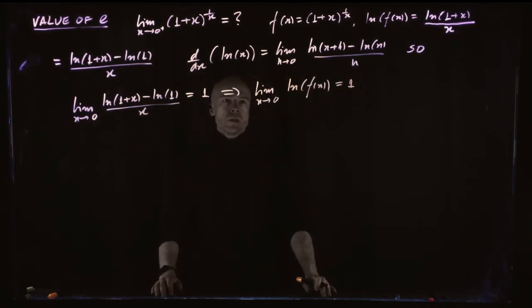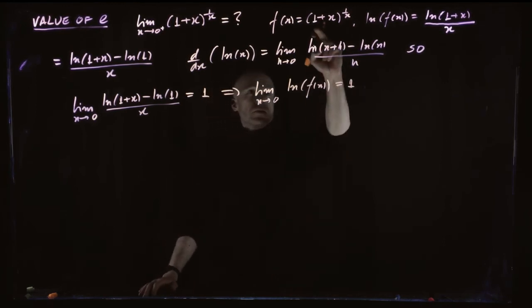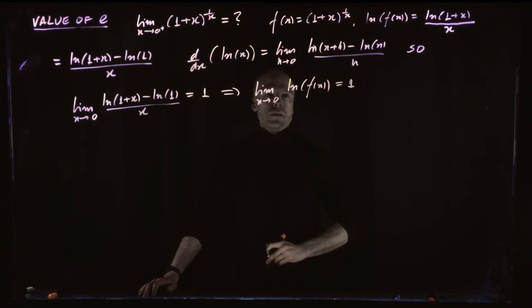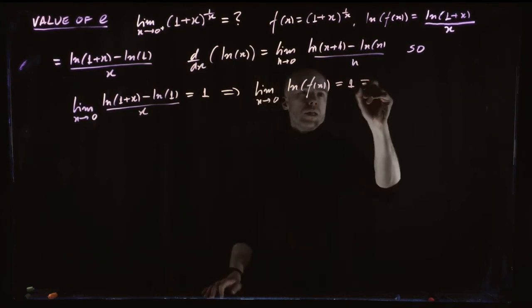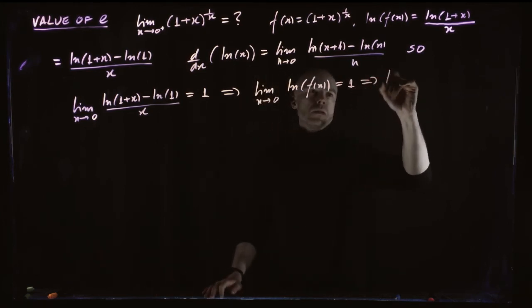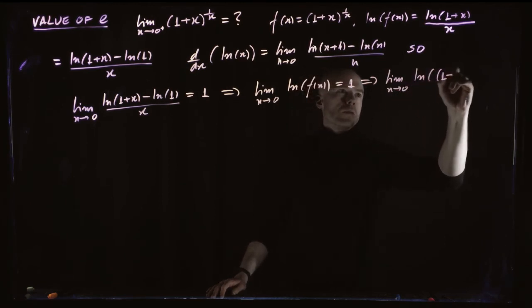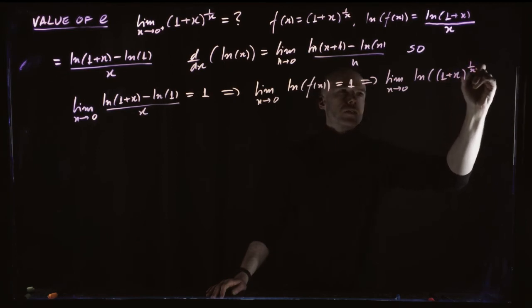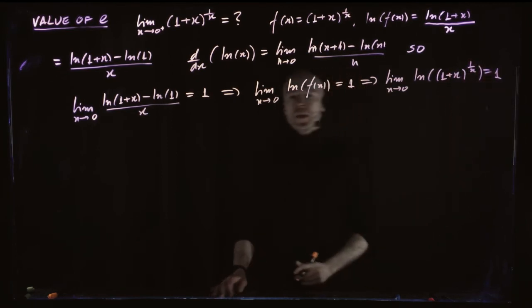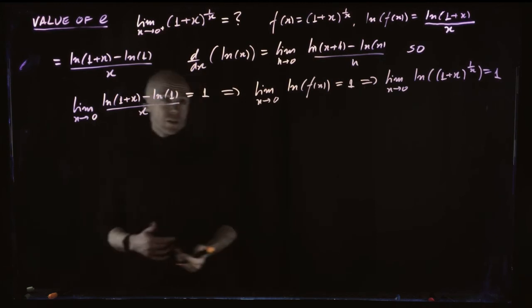Yeah? Cool. All right, but that isn't the actual thing that we're looking at. We're meant to be trying to understand this, right? So this implies that the limit as x tends to 0 of log of (1 plus x) to the 1 over x is equal to 1. But e is a continuous function, right?